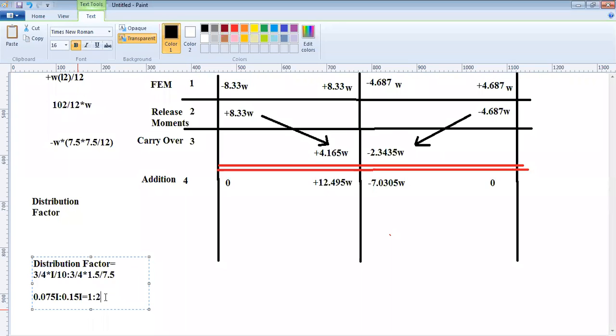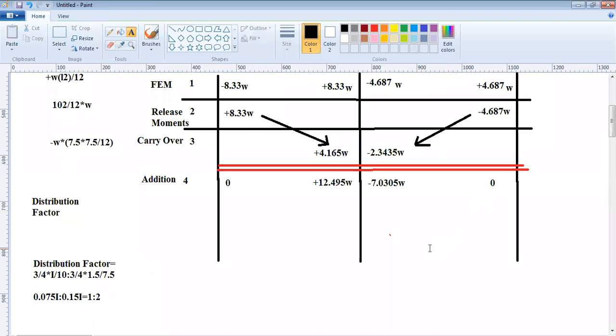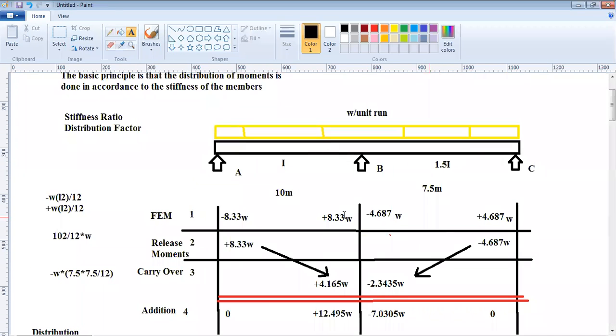So this is 1:2, and the I's go away. This is a simple division of 0.075 by 0.15. That's giving me 1/2. So BC has got 2 times more. What I can do is add the distribution factors here.